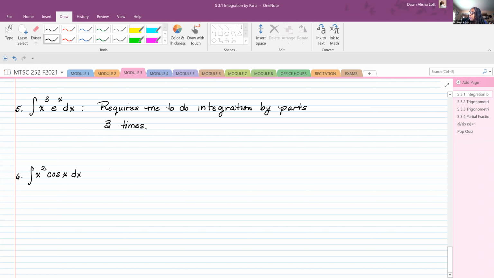Okay, so I'm going to need to do integration by parts two times. Okay, so we do this. We're going to let u equal, dv equal, du equal, and v equal.